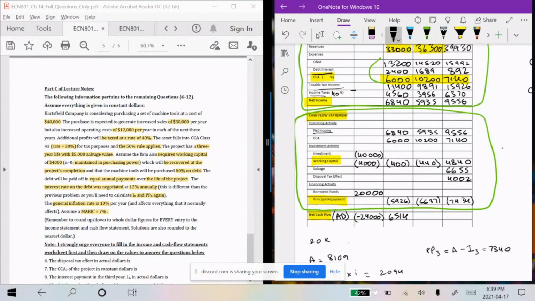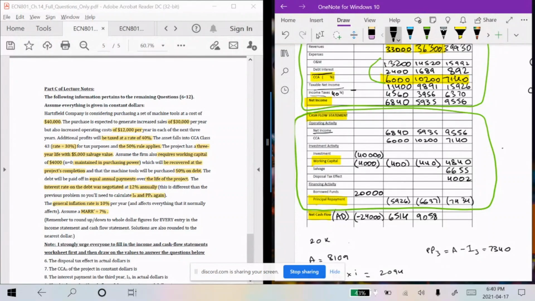And 935, 10,200 minus 440 minus 6637, 9058. Okay, and in the final one, it's 9556, 7140 plus 4840 plus 6655 plus 4002 minus 7434.